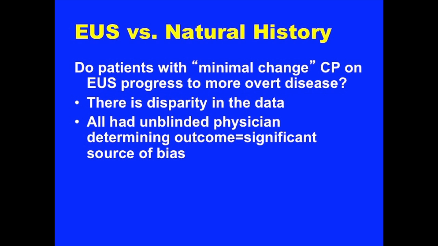But there is disparity in the data, with different universities reporting different results. The problem with all of these studies has been that they are performed by an individual who is unblinded to the data, and this is a significant source of bias in these types of studies.